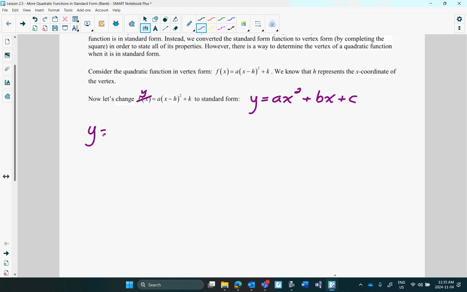First thing I'm going to do is multiply these two. Remember, x minus h squared means x minus h times x minus h. So all I've done is I've written out the x minus h all squared.